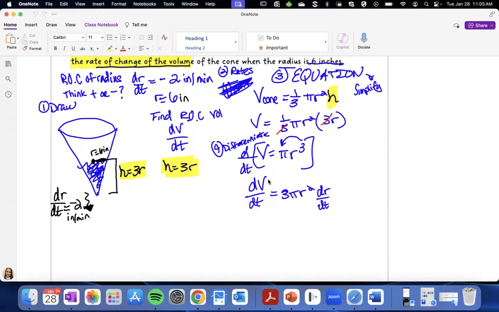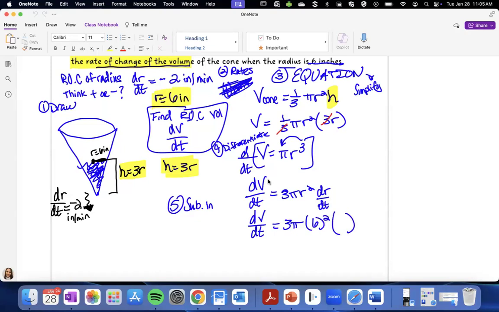So we sub in. We're solving for volume, right? So this is going to be our variable. So 3 pi times 6 inches squared, and dr over dt is -2 inches per minute.